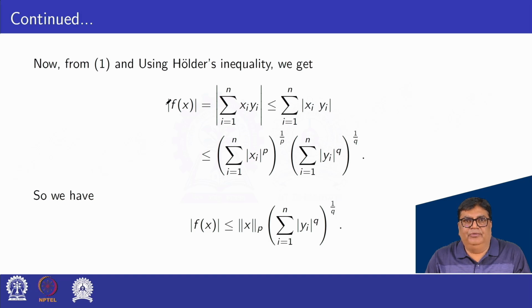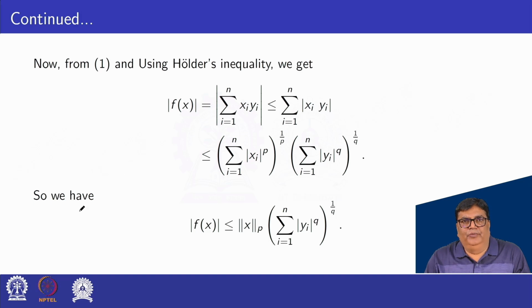Taking the modulus of both sides, |f(x)| = |summation i = 1 to n of xi yi|, which is less or equal to summation i = 1 to n of |xi yi|. Applying Hölder's inequality, this is less or equal to (summation i = 1 to n of |xi|^p)^(1/p) into (summation i = 1 to n of |yi|^q)^(1/q).